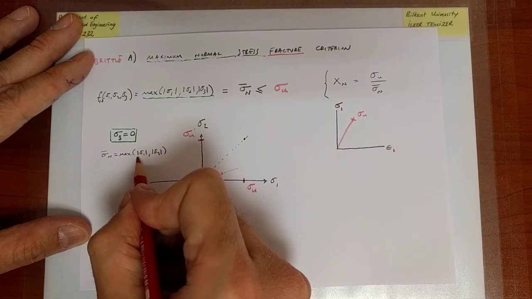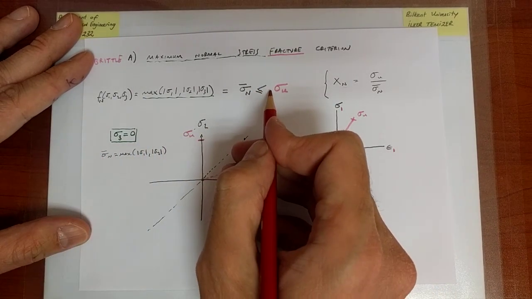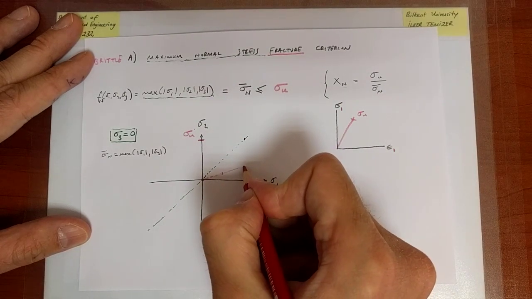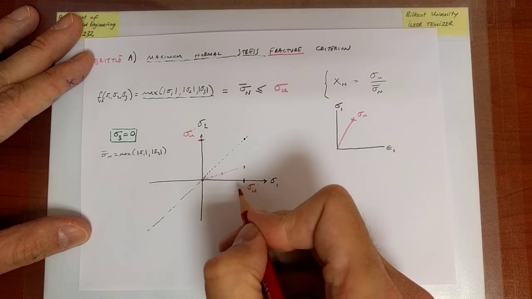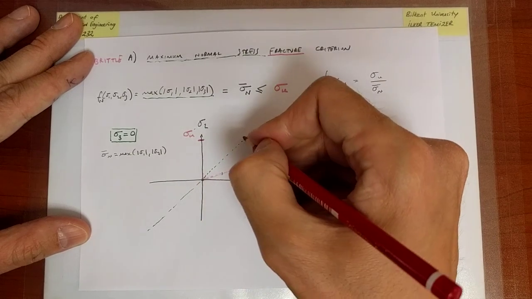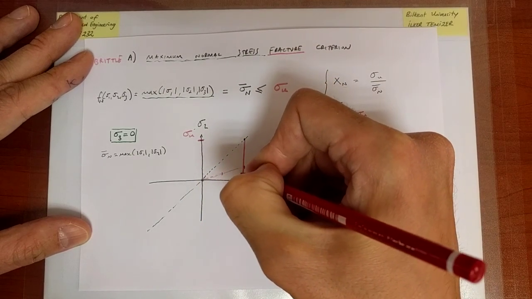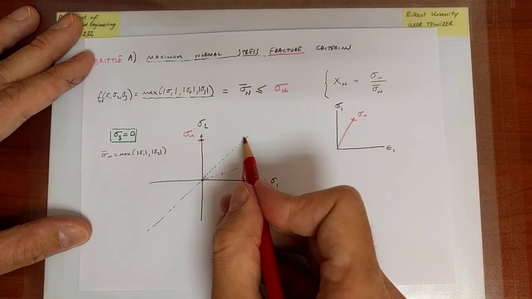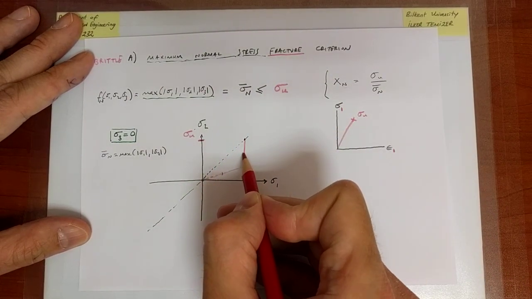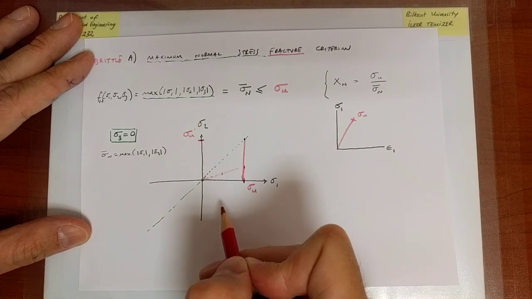Therefore, the value of sigma 1 cannot exceed the ultimate strength, and failure will happen again at the ultimate strength. For that matter, any loading line that lies below the green line will give a failure value for sigma 1 equal to sigma u.